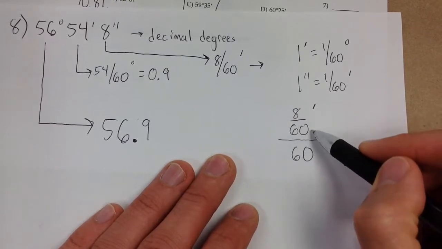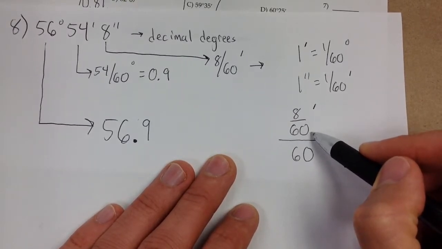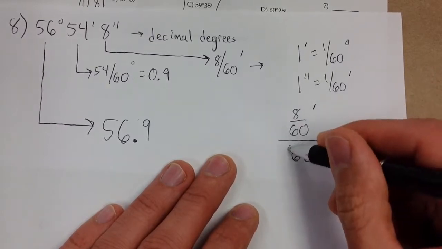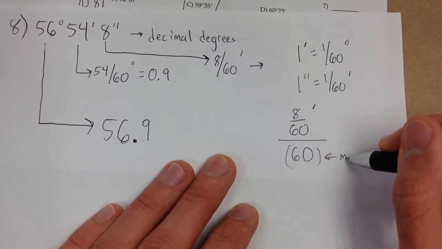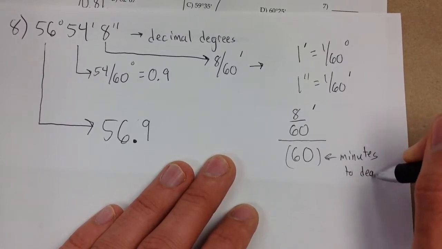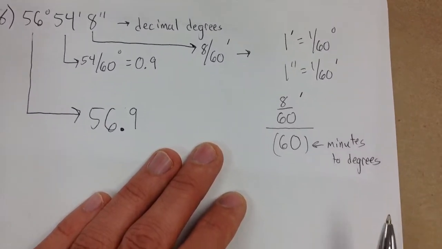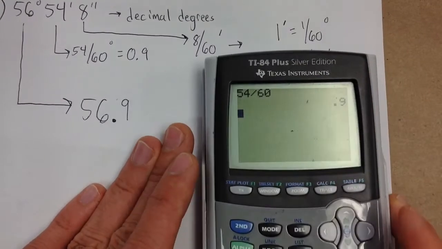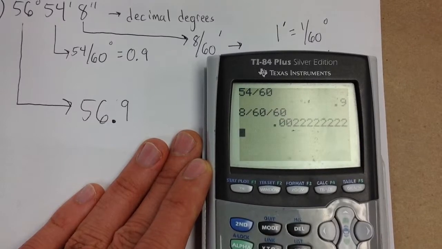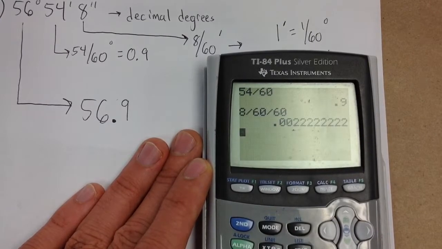This part here was seconds to minutes. This part here is minutes to degrees. .002, repeating.